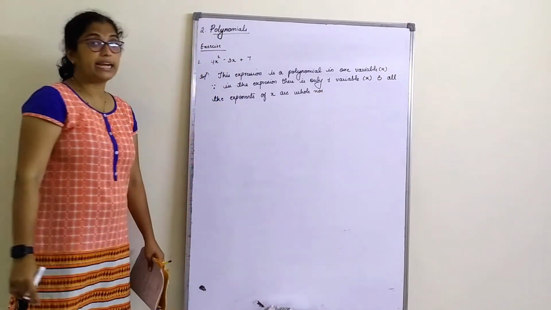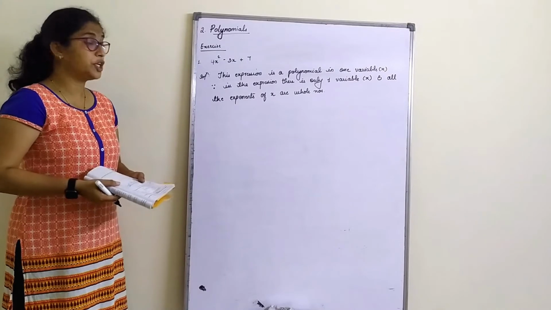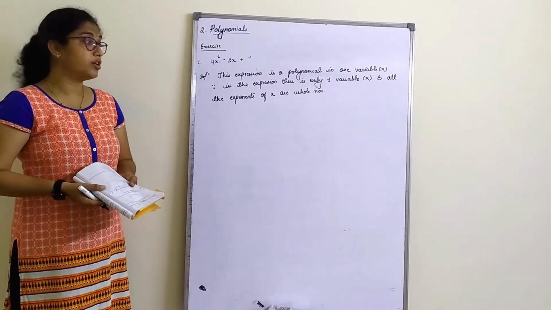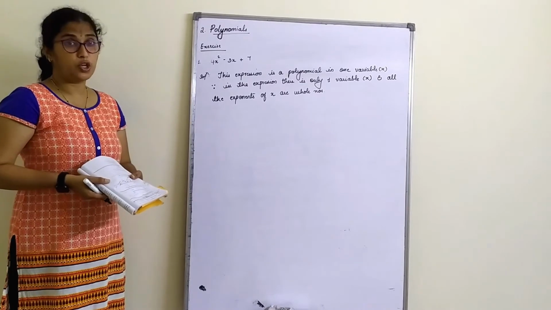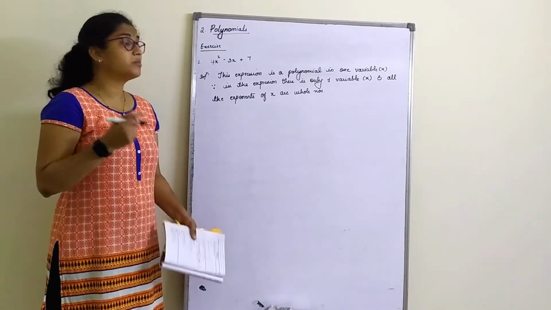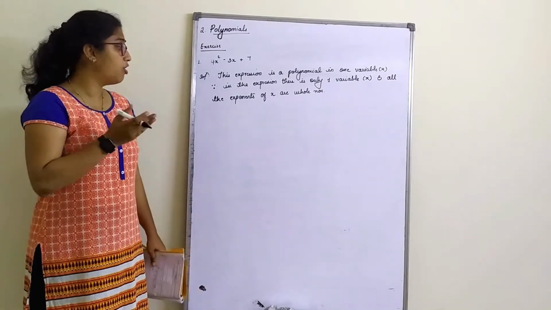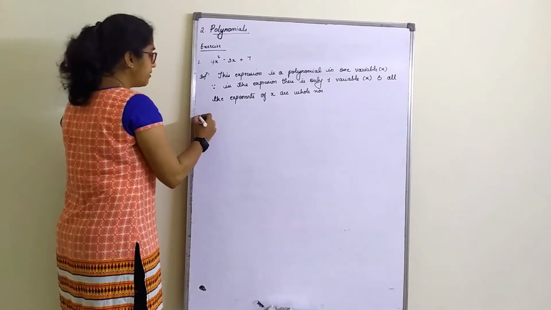You have to write this statement for every given question, whether it is a polynomial in one variable x or not, with reason. So the first one says that this expression is a polynomial in one variable x because in the expression there is only one variable x and all the exponents of x are whole numbers. Very clear, we have stated that.